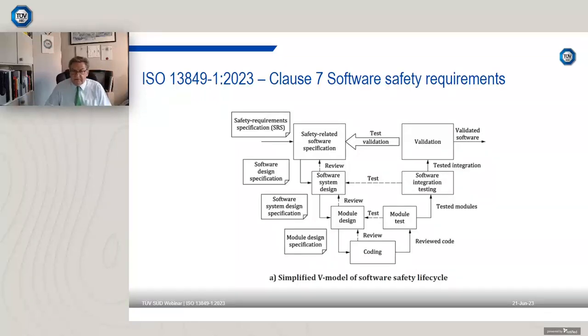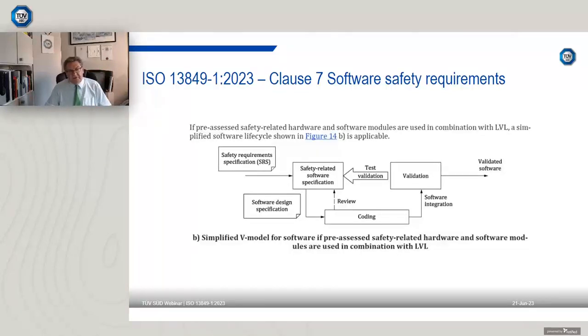But there is now clarity that we don't always need every phase. We don't always need to do every activity, depending on the complexity of what we're doing and our starting point and so on. So edition 4 has actually got an example of a reduced, a simplified V model if we're using pre-assessed software.